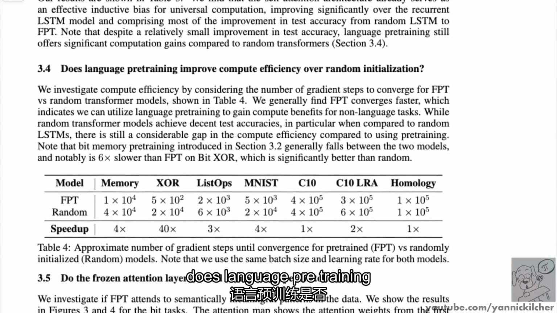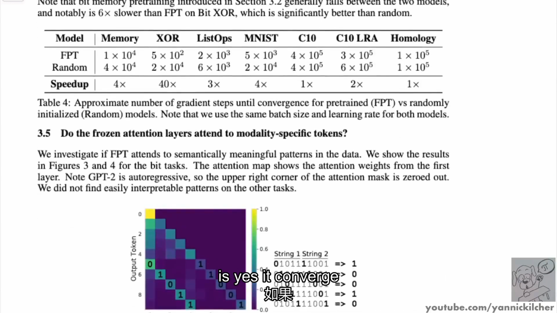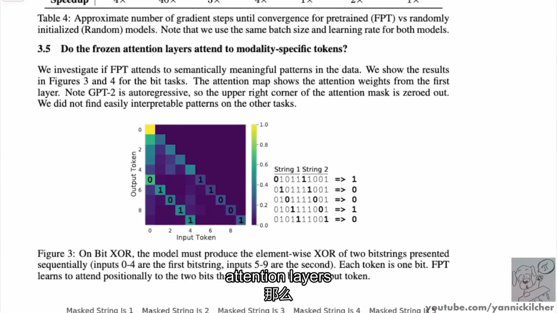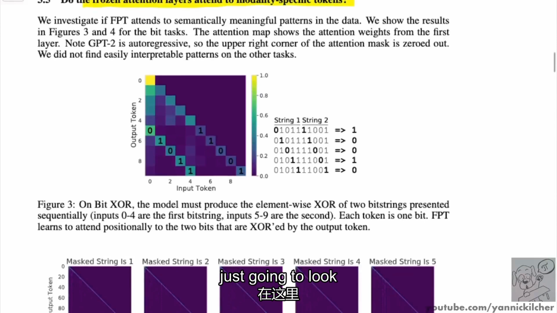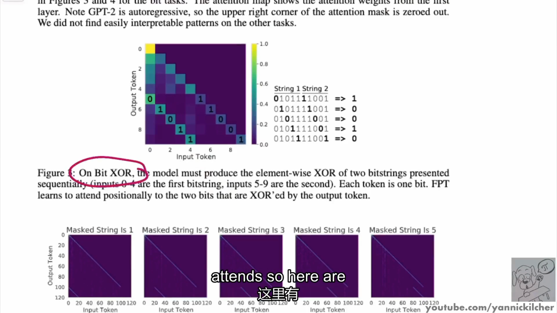Next, does language pre-training improve efficiency over random initialization? The answer is yes, it converges much faster if you pre-train with language. And do the frozen attention layers attend to modality-specific tokens? So here they're just going to look at the first attention layer, and they see that the attention matrix, for example in this bit XOR task, attends to the right things.